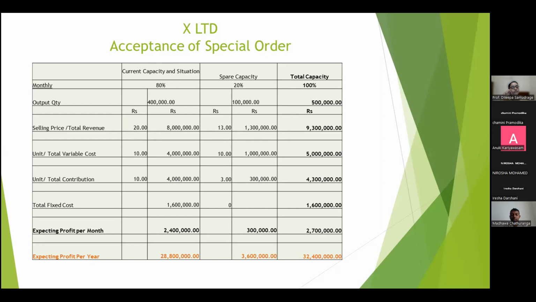For the year, expected profit is going to go up by 3.6 million. Based on that and the brand name, we decided to utilize the next 20% of the spare capacity.